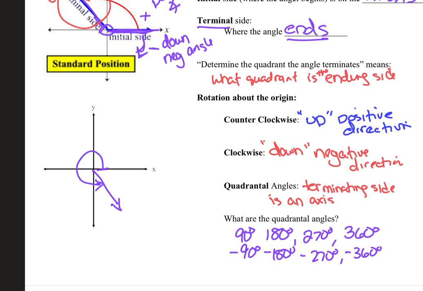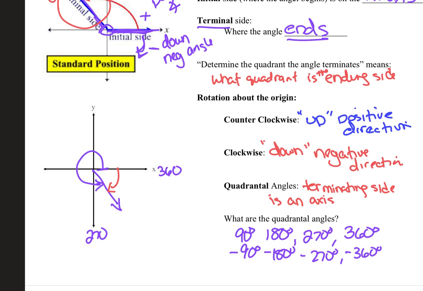Okay, that is an angle that's between 270 and 360. So let's say it's like 300. Okay, so you had to know it was positive. If you went the other way, this would be negative, and that would be a negative angle.